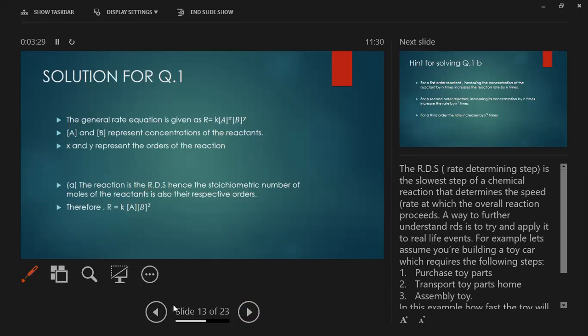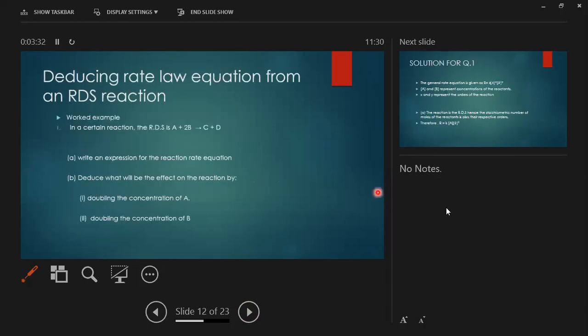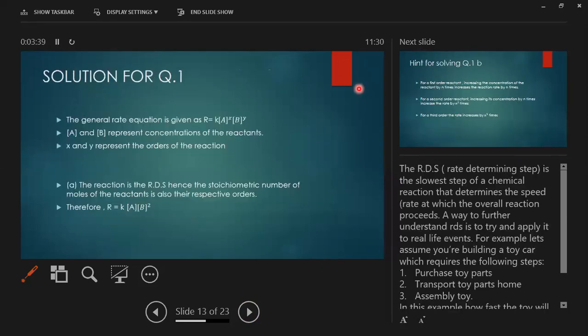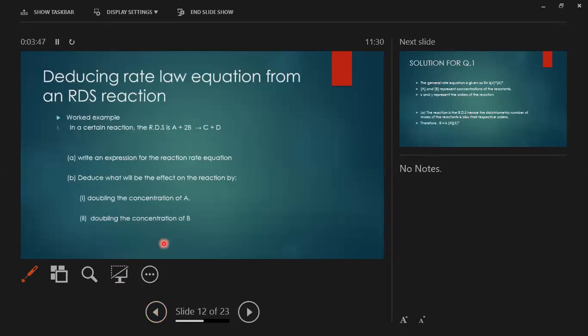If we go back to our slide. Yes, so we have the number of moles of A being 1, and the number of moles of B being 2.